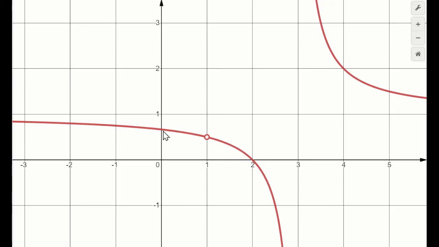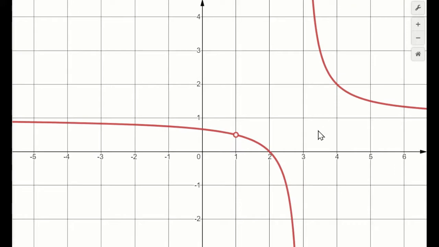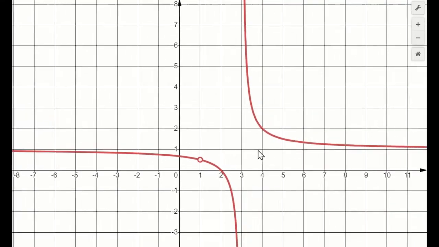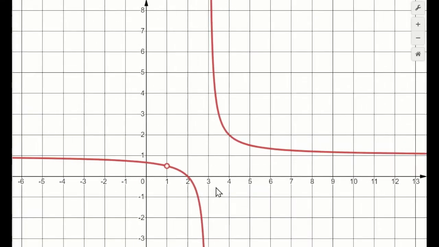That's why, from the sign chart, it's one interval anywhere between negative infinity and 2. But from our understanding, we have to exclude that point x equals 1. And so we separate that into two intervals: between negative infinity and 1, and between 1 and 2. Then we have the third interval between 3 and positive infinity.